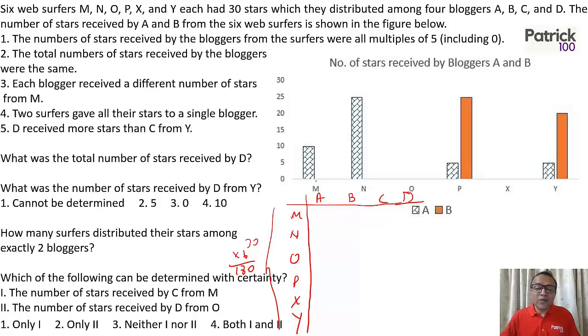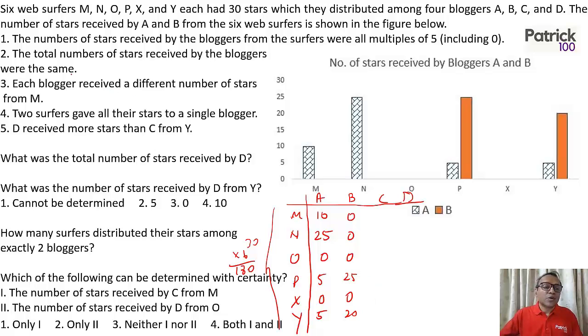M gave 10 stars to A, N gave 25 stars, O didn't give any stars, P gave 5 stars, X 0, Y 5. Same for B: 0, 0, 0, and then suddenly 25, and then again 0 and 20.